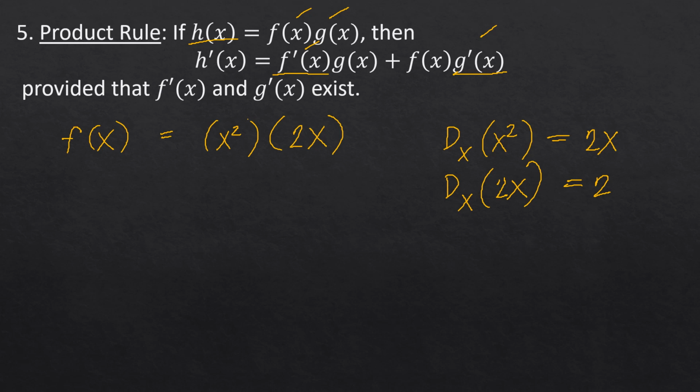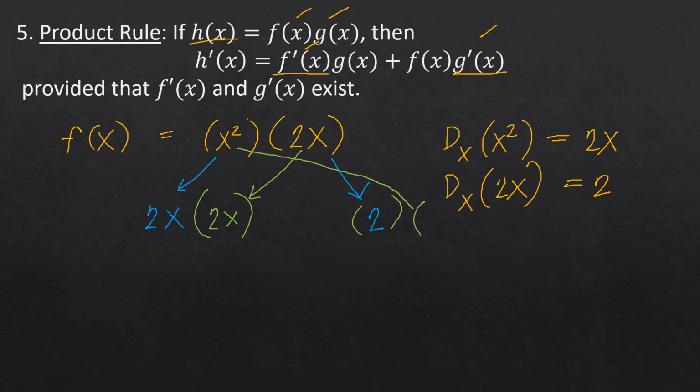Okay? Ang next, derivative ng x squared na 2x, ito may ilalagay ang 2x. And the derivative of 2x, which is 2, lalagay mo naman dito, multiply mo ang x squared.